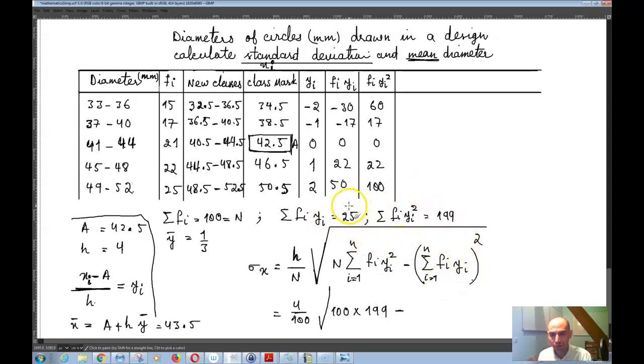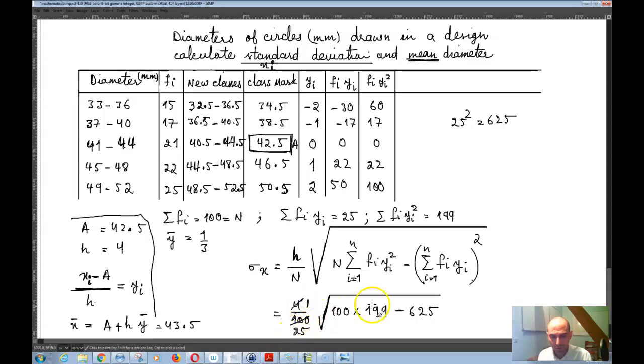That's 25 squared, which is equal to 625. And take the square root of that. That is your answer. Now 4 divided by 100 is 1 over 25.